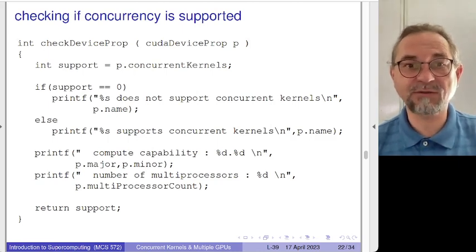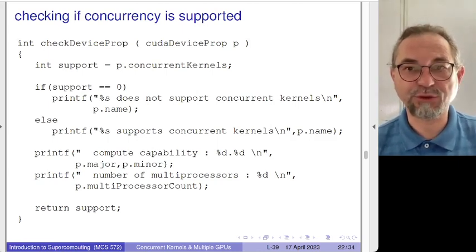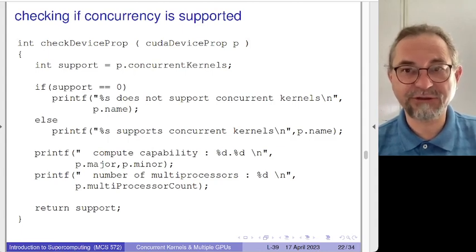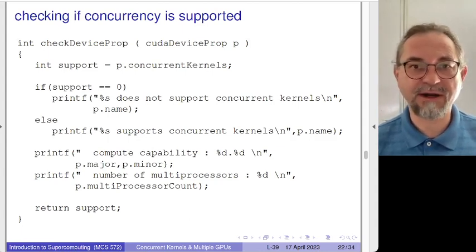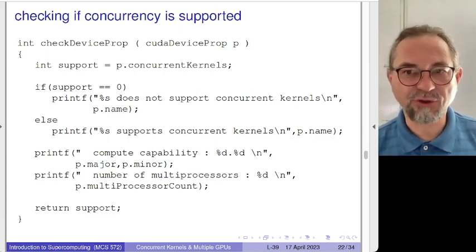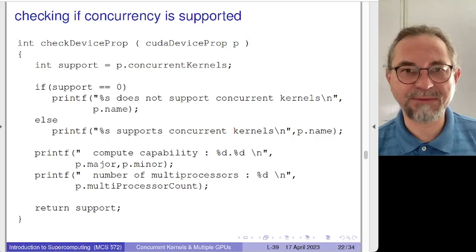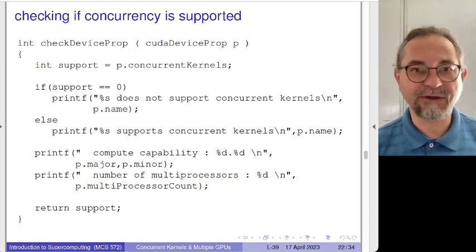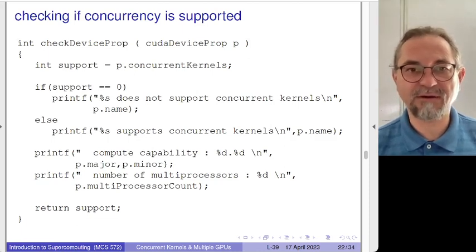So, checking whether the concurrency is supported. This was again copied and adjusted from the device query. If you look at the utilities, the source code is in the software development kit of NVIDIA, you can see that the concurrent kernels flag of the CUDA device property is something that you can check.